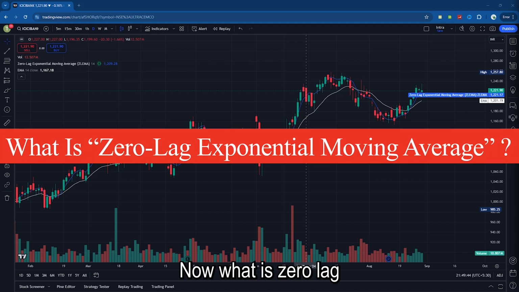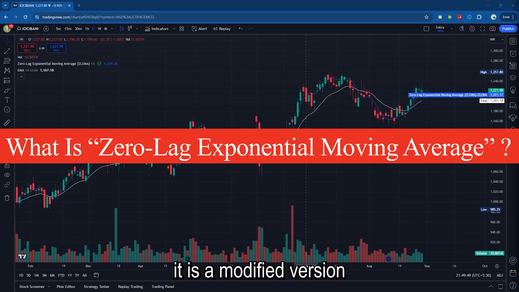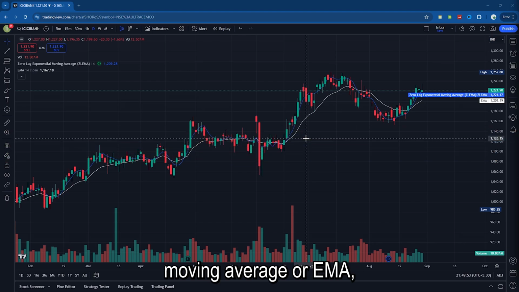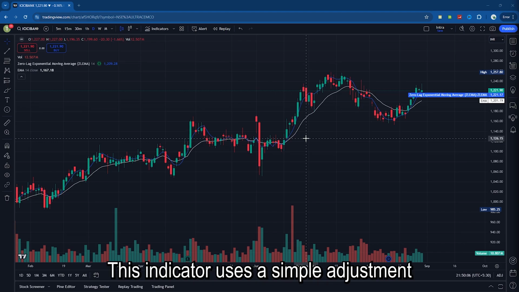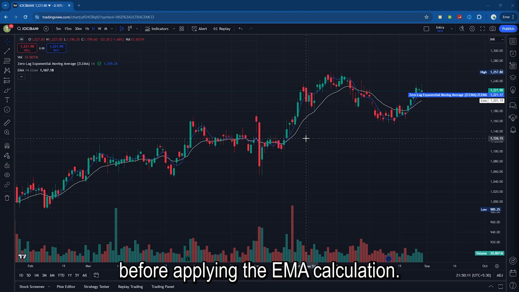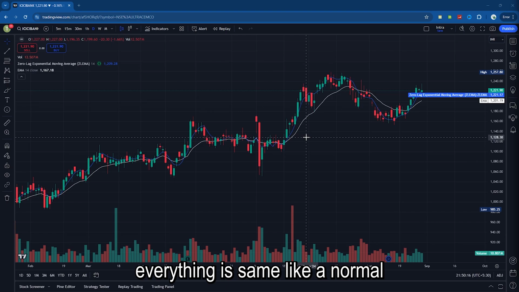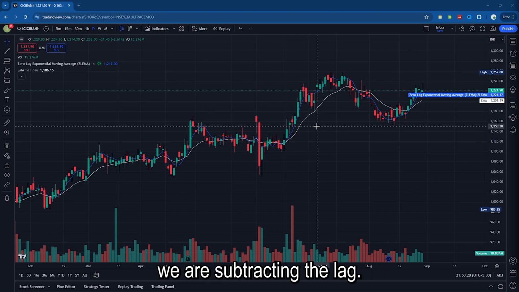Now, what is the zero lag exponential moving average, or ZLEMA? Well, it's a modified version of a traditional exponential moving average, or EMA, designed to reduce the lag. This indicator uses a simple adjustment by subtracting the lag from the price before applying the EMA calculation. So at the back end, everything is the same as a normal exponential moving average, but what we are doing is subtracting the lag.